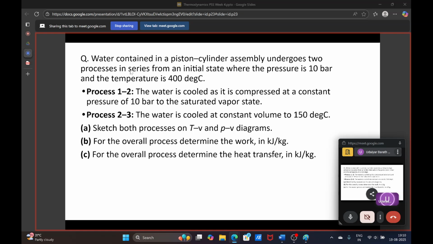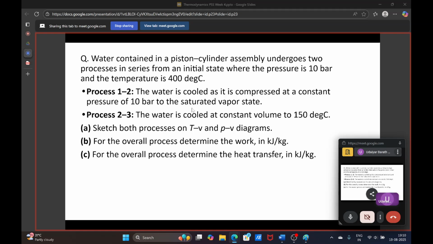B, for the overall process determine the work. C, for the overall process determine the heat transfer. So we'll see how to solve this. First, we have initially the water at 10 bar and 400 degrees Celsius.